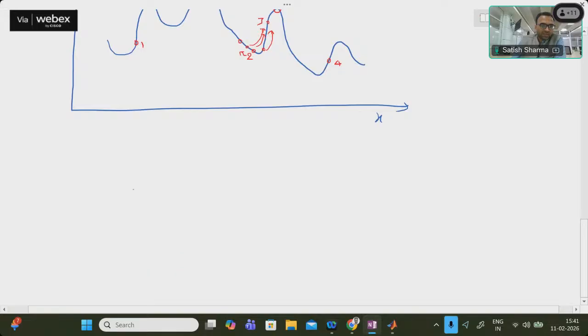As in PSO, the dynamic weight omega is defined as omega max minus the current iteration upon the maximum iterations allowed, times omega max minus omega min.